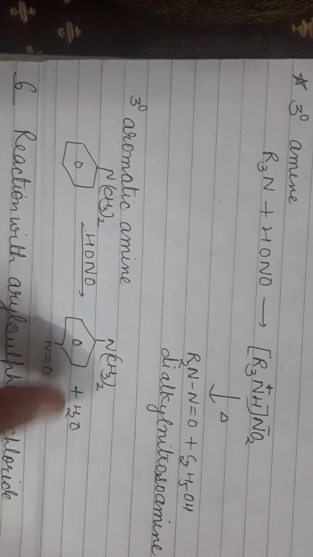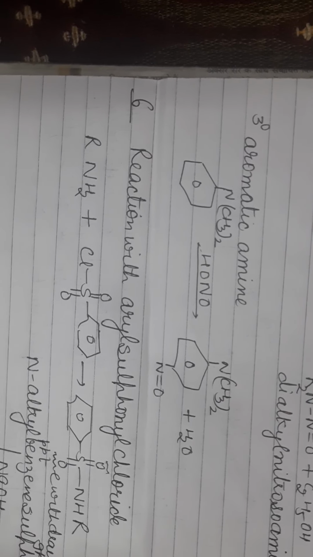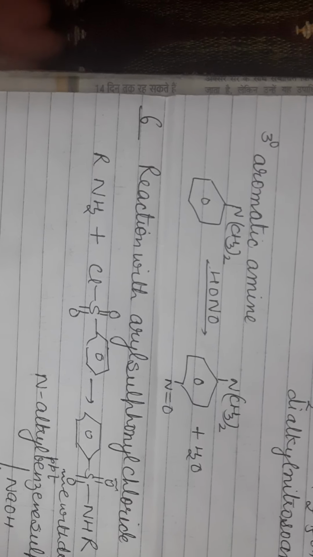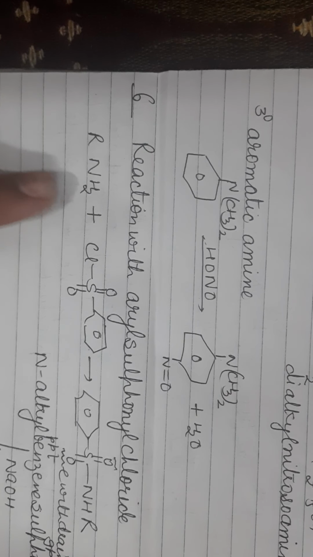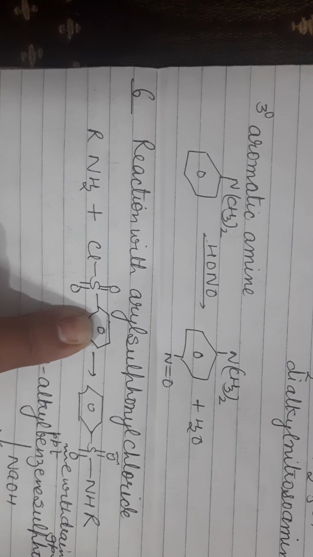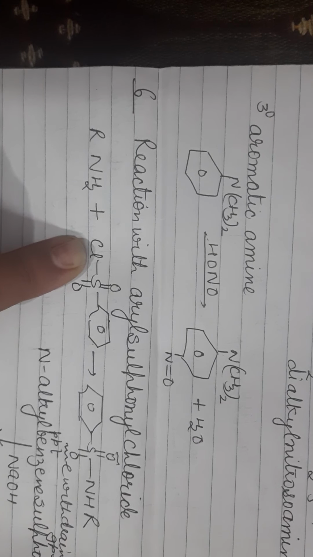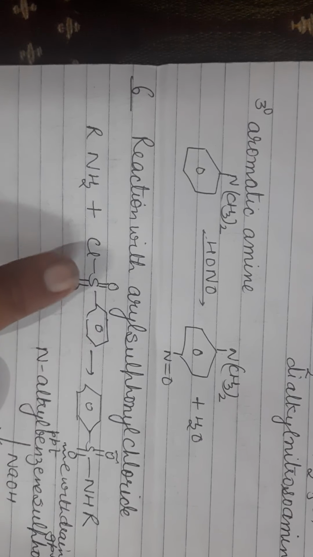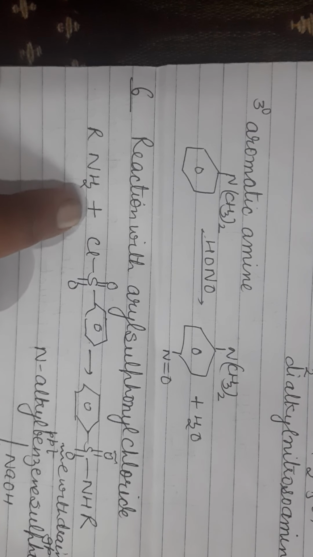See here, the next reaction, the 6th reaction, is of primary and secondary amines with aryl sulfonyl chloride. This is your aryl, this is your sulfonyl, this is your chloride. First HCl is released.